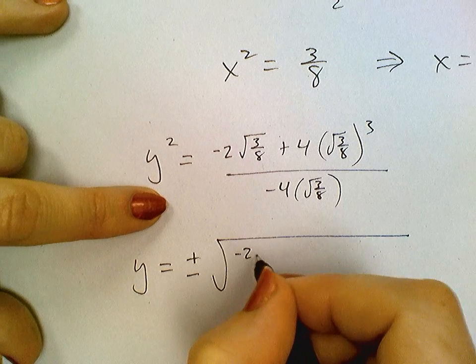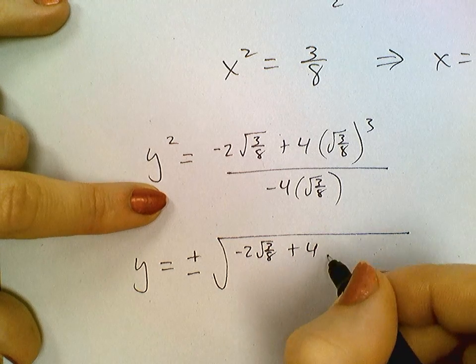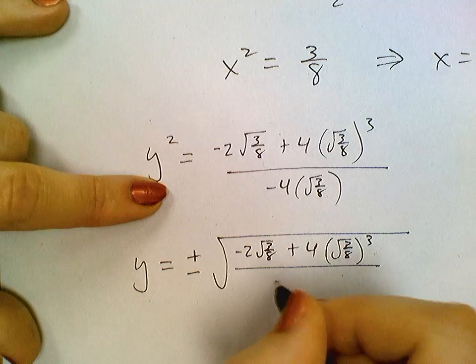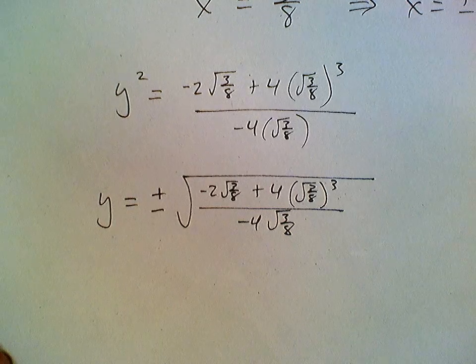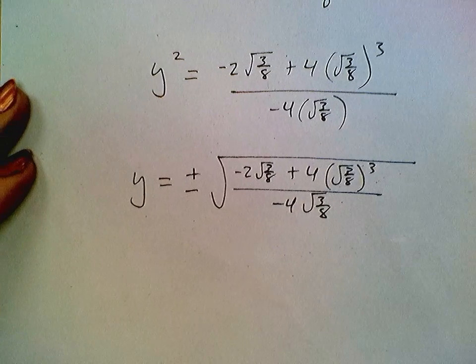Okay, so negative 2 radical 3/8 plus 4 and so on. Oh my gosh, okay.